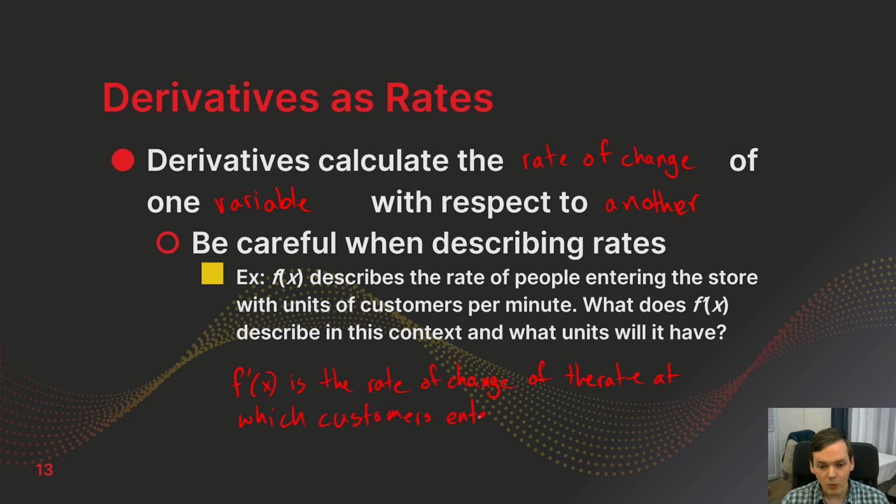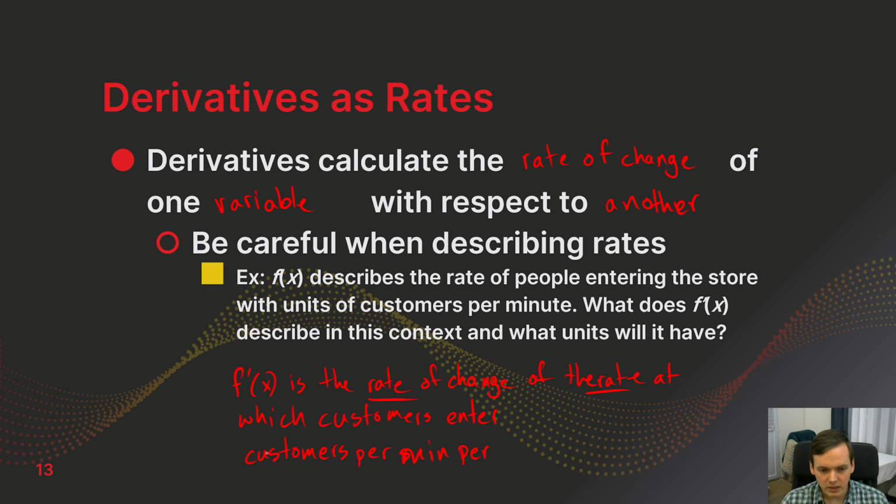So you'll notice it's the rate of a rate, so I need to specify both of those in there. And it will have units of customers per minute.